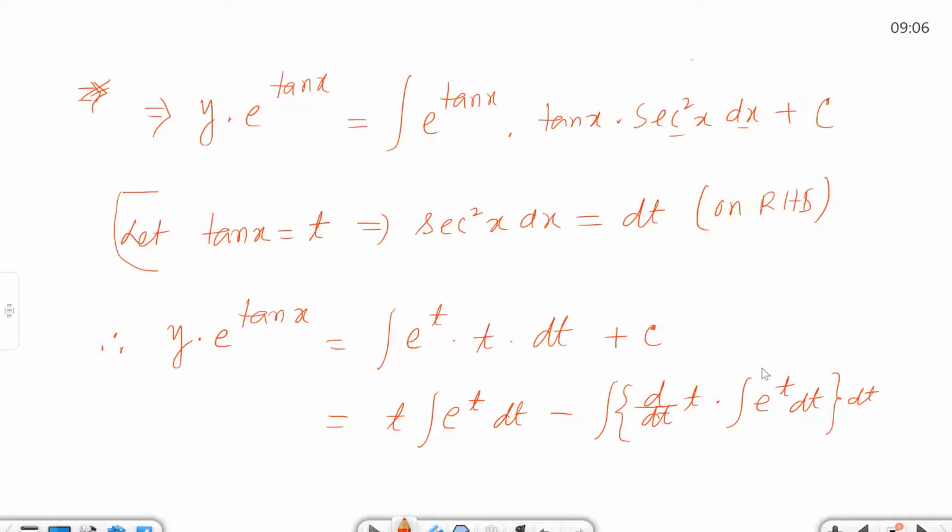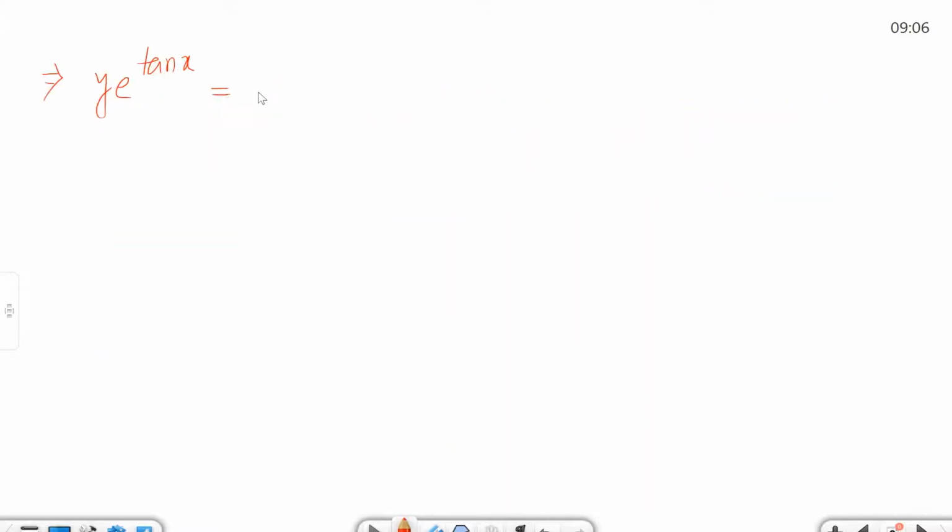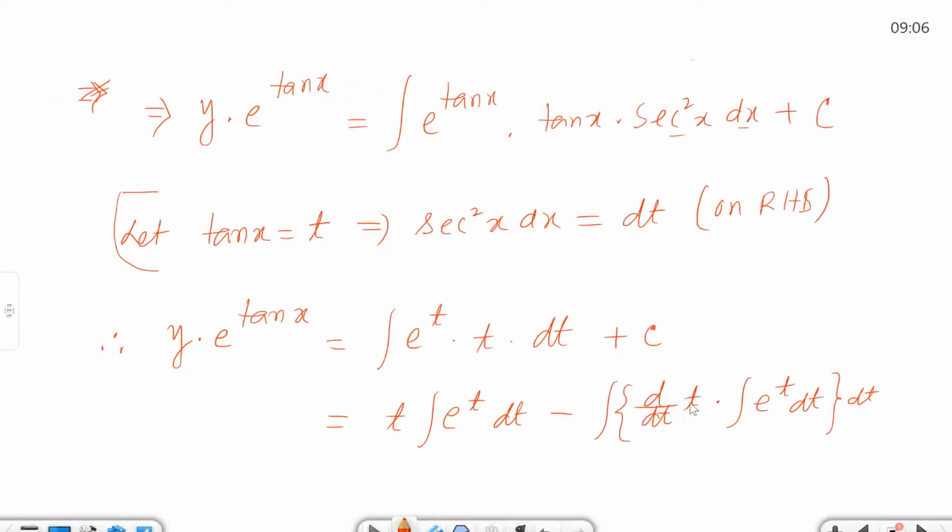Now just complete the right-hand side. Our left-hand side is already y into e to the power 10x is equal to... The integral of t into e to the power t is t into e to the power t, then minus the derivative of t, which is 1, times the integral of e to the power t, which is e to the power t.